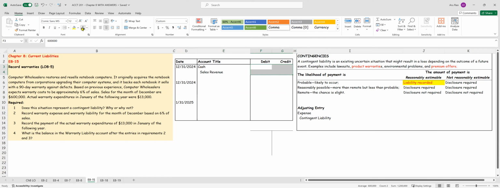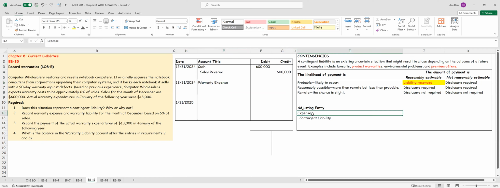We had $600,000 in sales. Of that, we are saying 6% is going to be a problem. That 6% that's going to be a problem is warranty expense. Remember, we said we have an expense debited. So it's warranty expense debit. And a liability, the contingent liability, give it the most obvious name, estimated warranty liability.